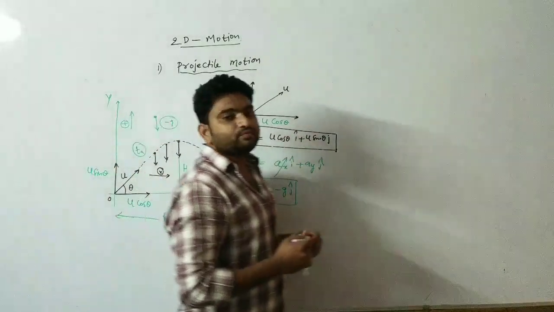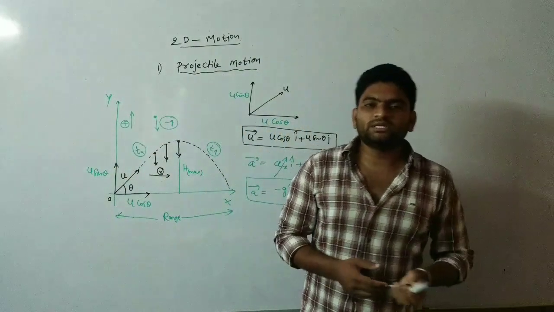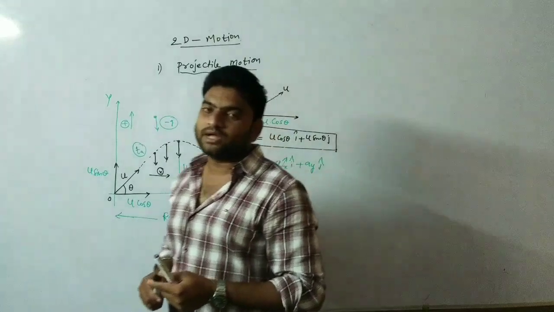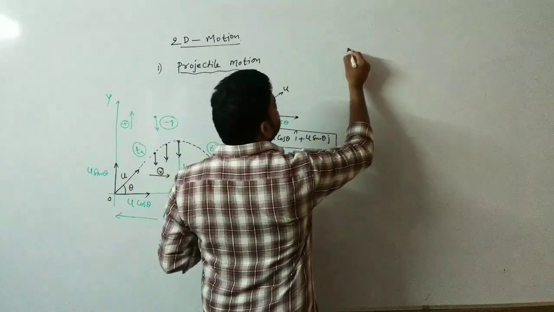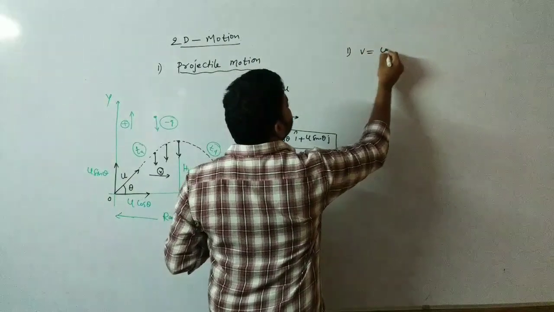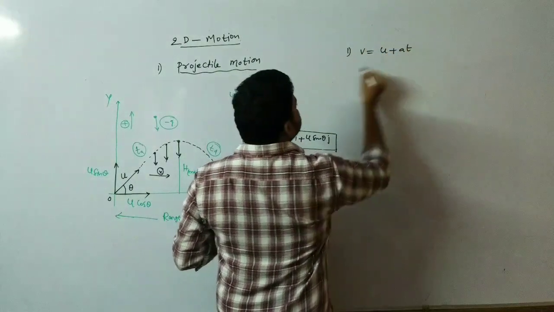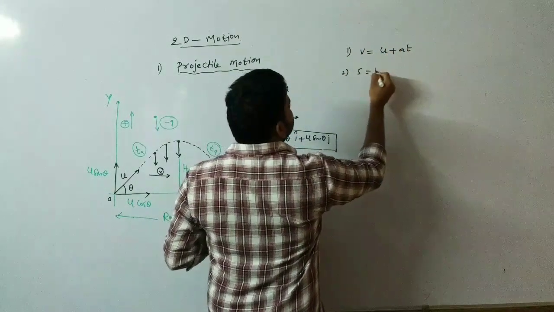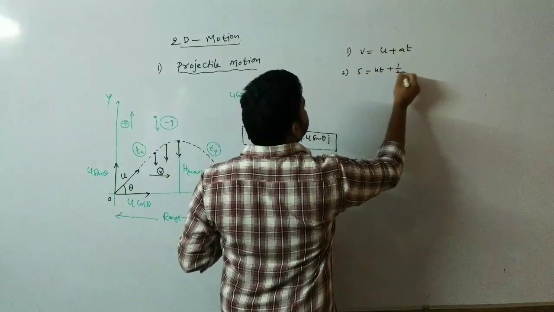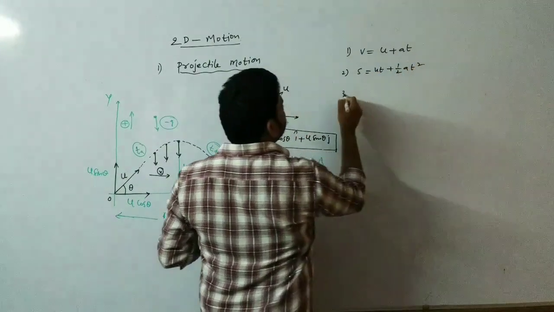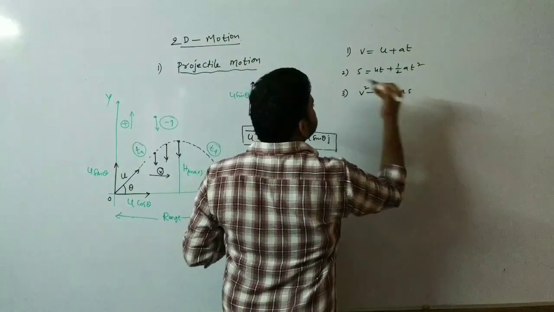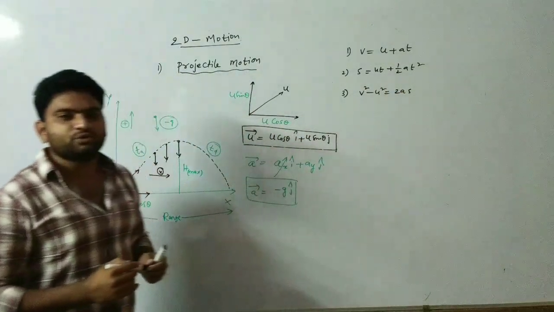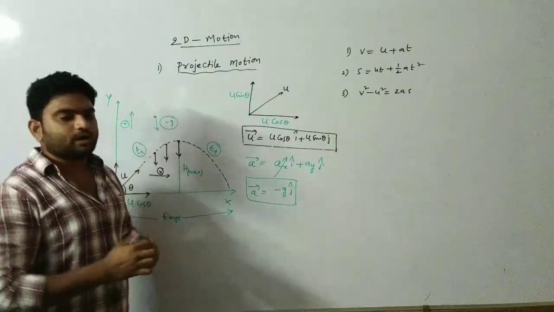Now it's time to write the equations in terms of the x and y axes. We already know the equations of motion. The first equation is v equals u plus at. The second is s equals ut plus half at square. And the third is v square minus u square equals 2as, right? These are the three equations of motion we already studied in chapter 1.